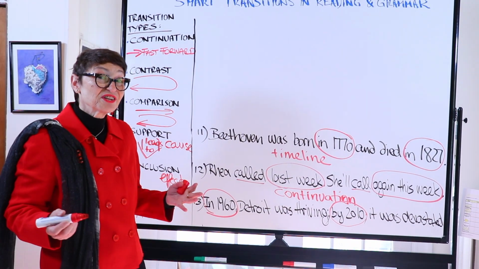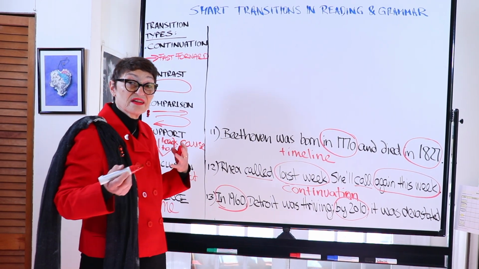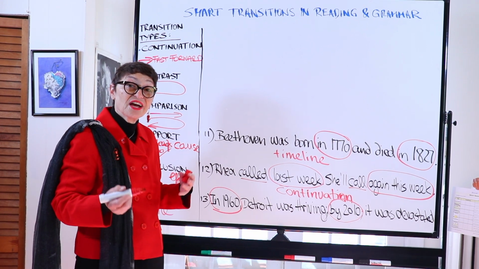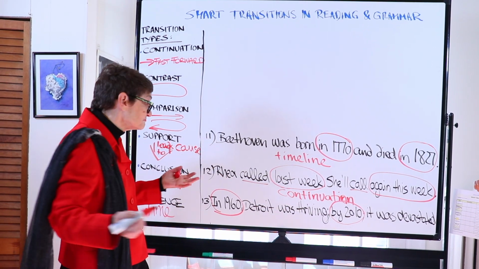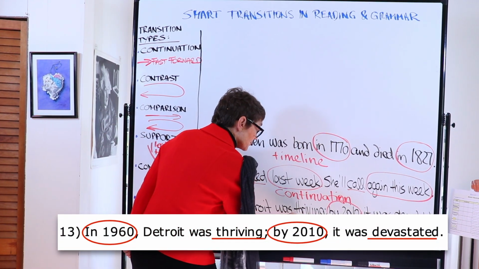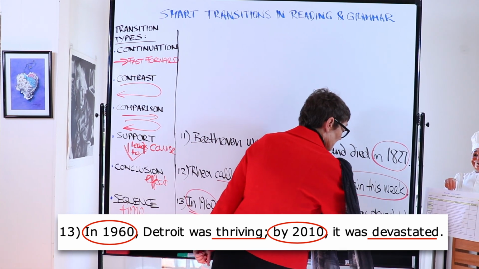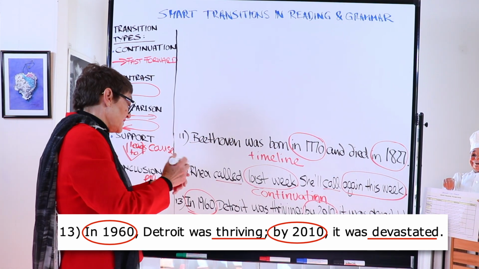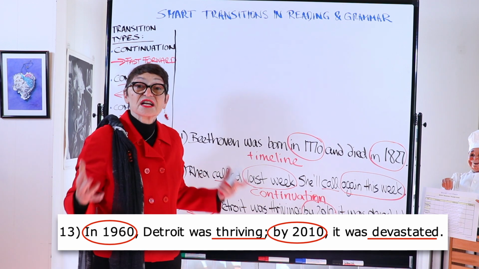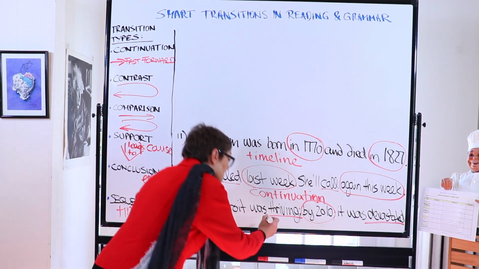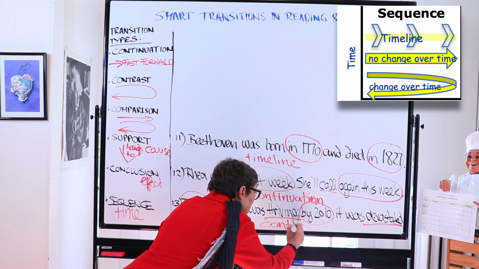So in this third case, we are using sequence transitions to indicate a contrast. So between thriving and devastated. So here the emphasis clearly changes. So we have a contrast.